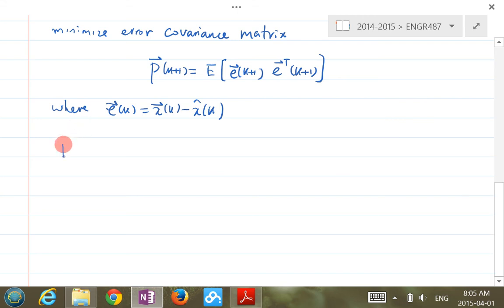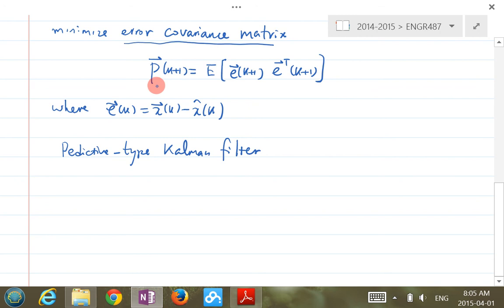So first, what we're doing is a so-called predictive type of Kalman filter. In particular, this comes back to the error covariance matrix P. What we typically write is P of k plus 1, which can also be written as P of k plus 1 vertical line k. What does this mean?